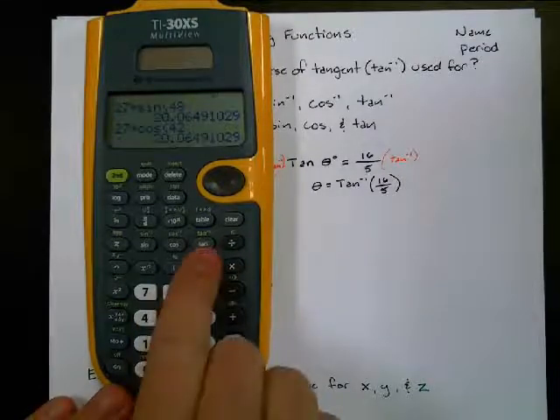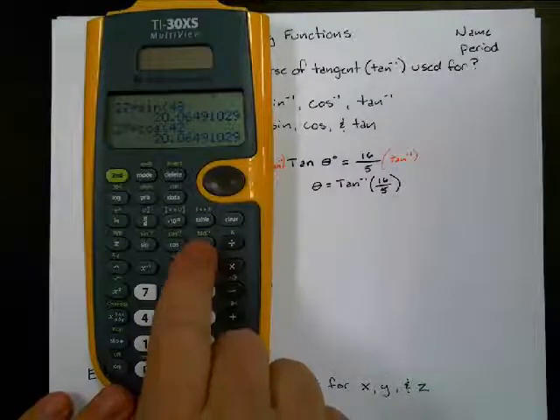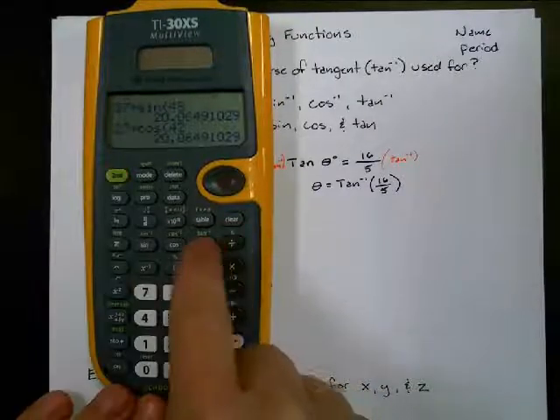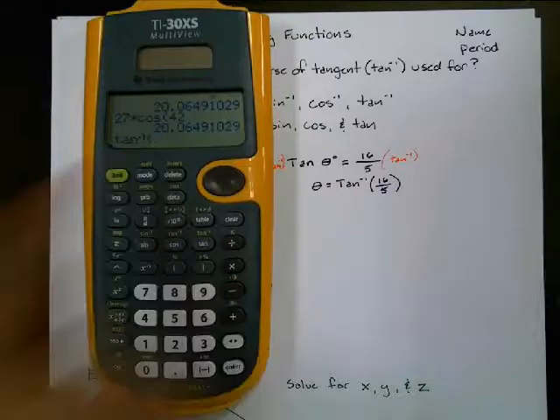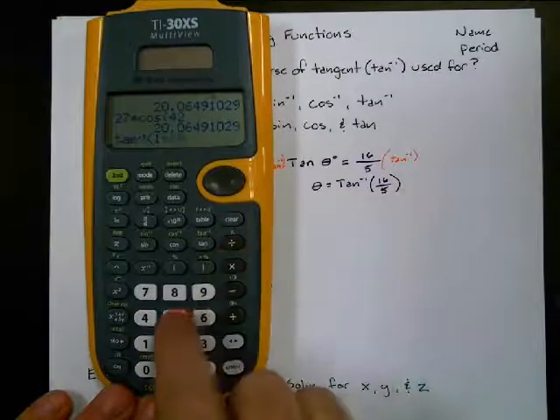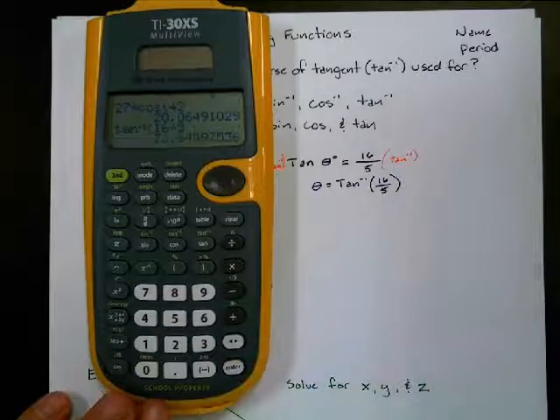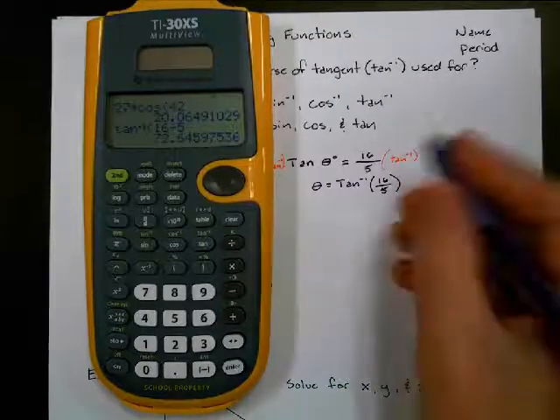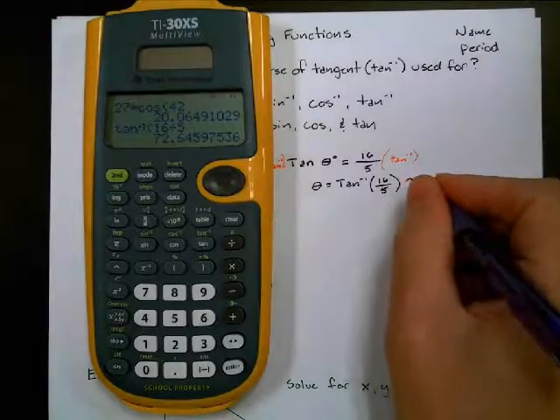Right above tangent is inverse tangent, so we have to hit the second button, then tangent. Now we can see it's tangent -1, so inverse tangent of 16 divided by 5. It comes out to 72.64, so this is about 73 degrees.